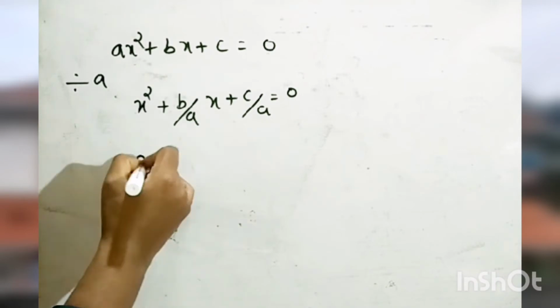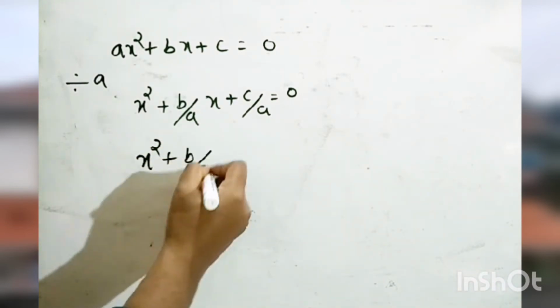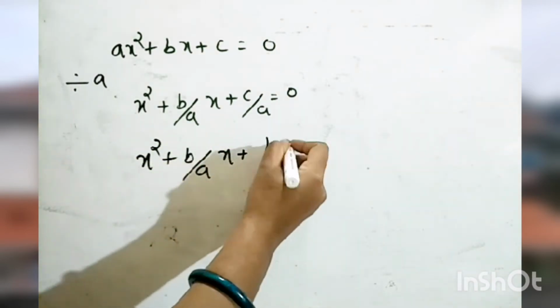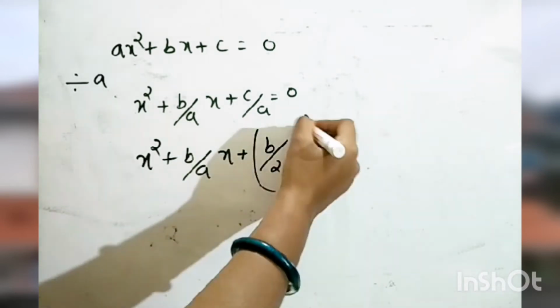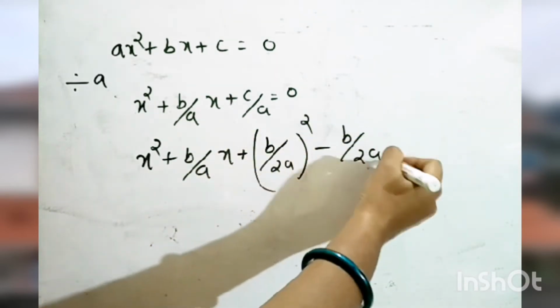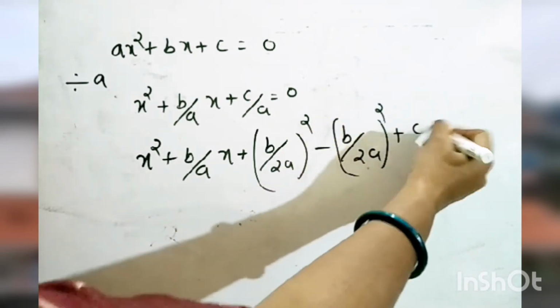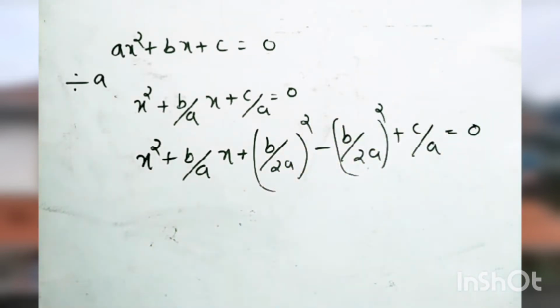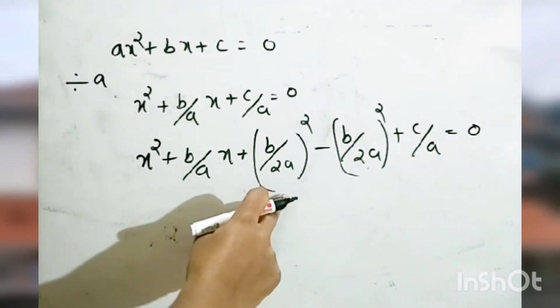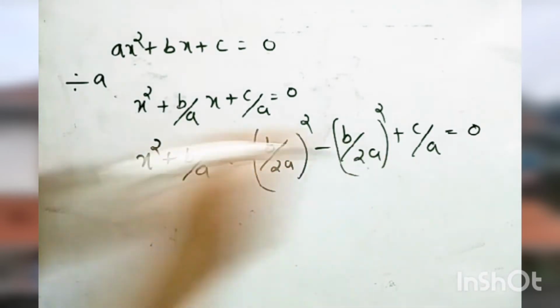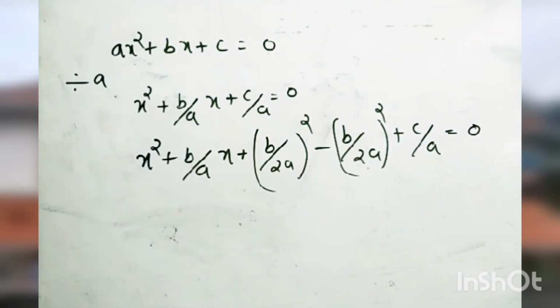That is x square plus b by a x plus b by 2a all square minus b by 2a all square plus c by a is equal to 0. We just added b by 2a all square and subtracted that same quantity.